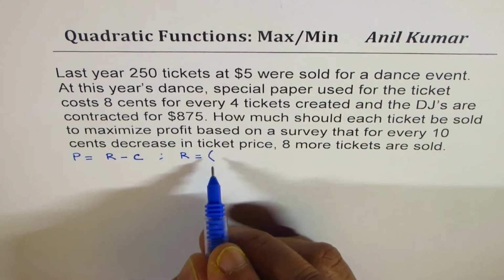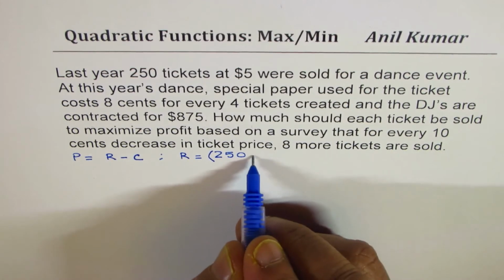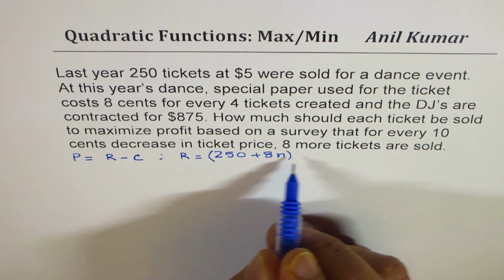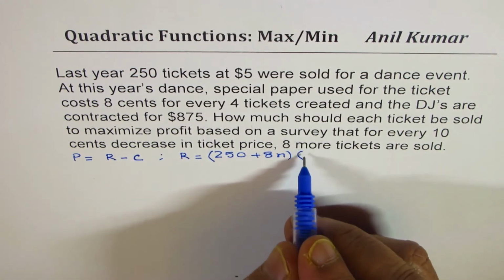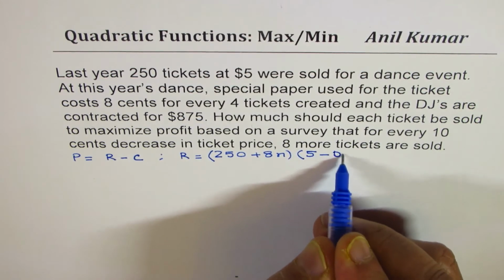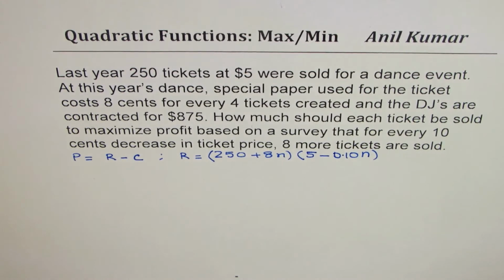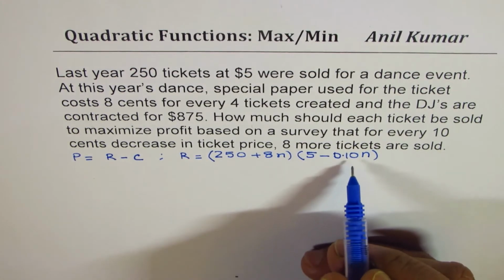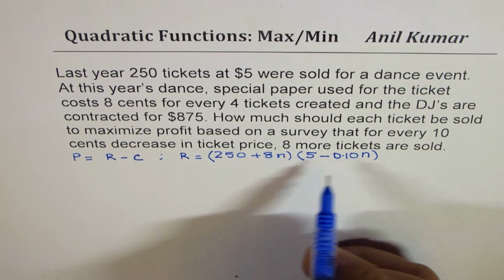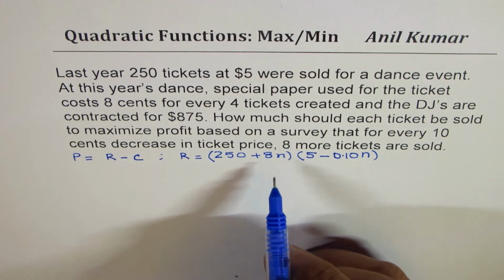So we could get revenue as 250 plus 8 more tickets for every 10 cents decrease. So that becomes the number of tickets at the price of $5 less 0.10n, n being the number of 10 cents. So if you decrease by one 10 cents, 8 tickets extra will be sold. If you decrease by 20 cents, 16 extra tickets will be sold, right?